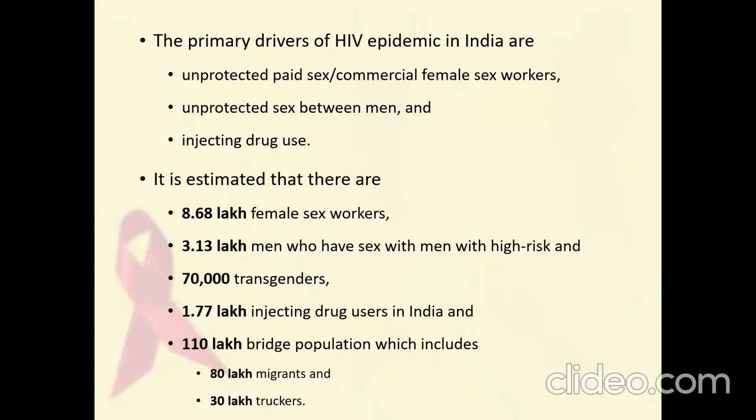It is estimated that there are 8.68 lakh female sex workers, 3.13 lakh men who have sex with men with high risk, 70,000 transgenders, 1.77 lakh injecting drug users in India, and 110 lakh bridge population, which includes 80 lakh migrants and 30 lakh truckers. So see the population of persons who are responsible for spreading HIV.